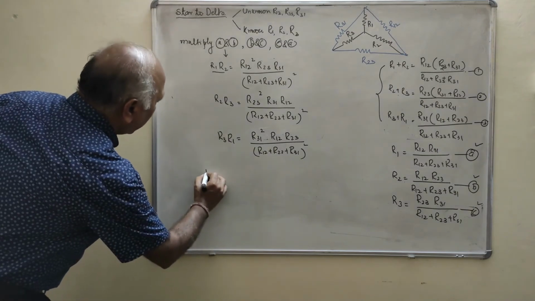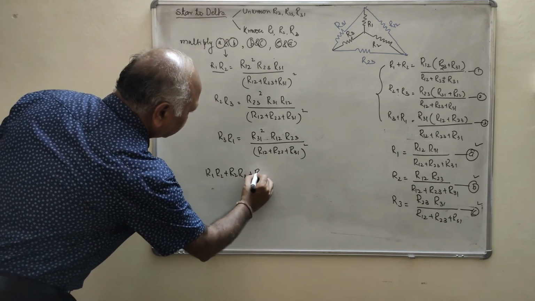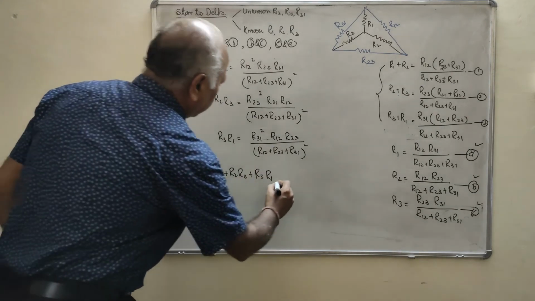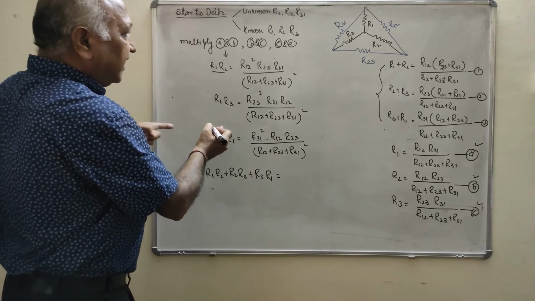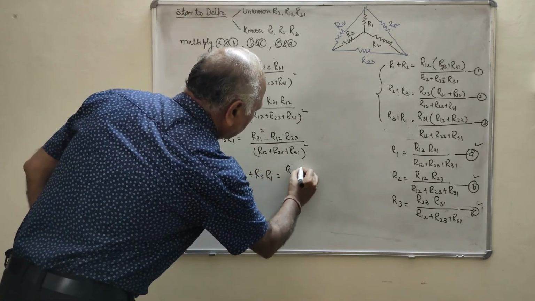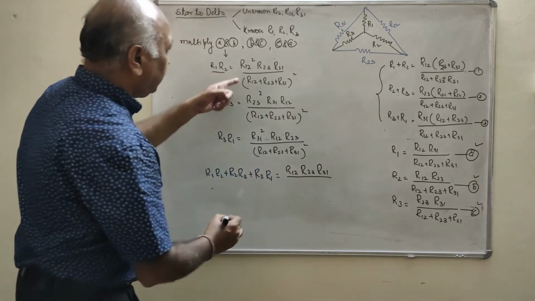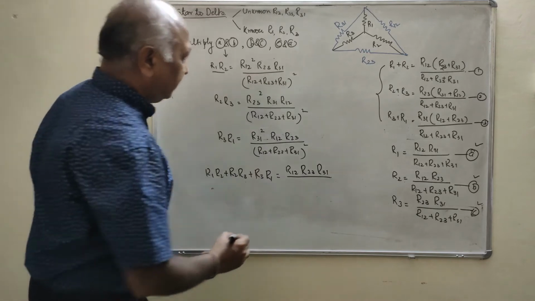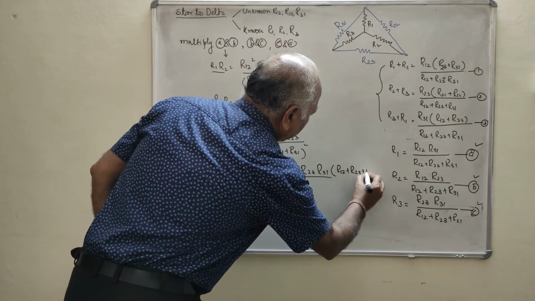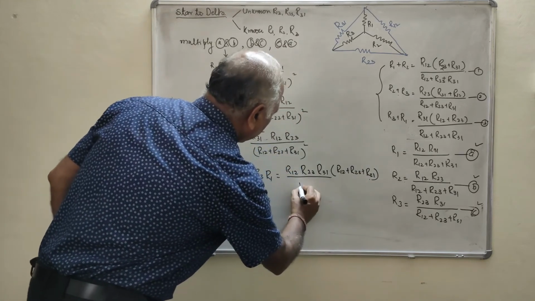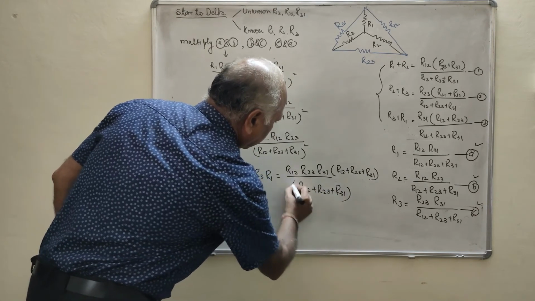Then you will get R12R23R31 upon... What else will be common? R12 plus R23 plus R31 upon (R12 plus R23 plus R31) square.